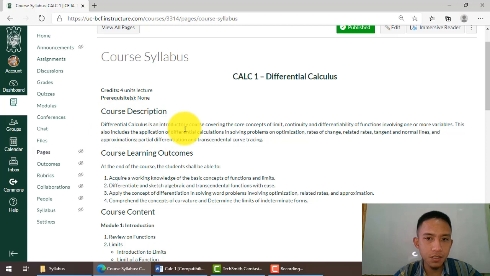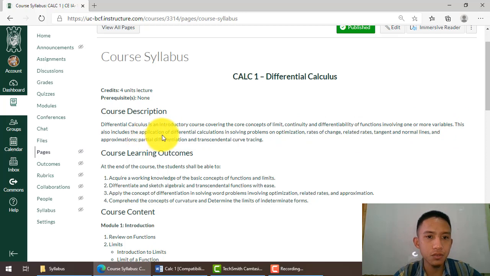What is the description of this subject? Differential calculus is an introductory course covering the core concepts of limit, continuity, and differentiability of functions involving one or more variables.